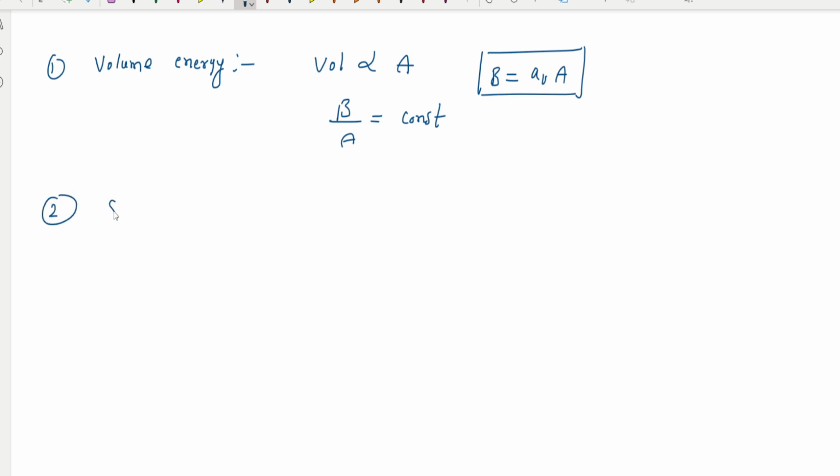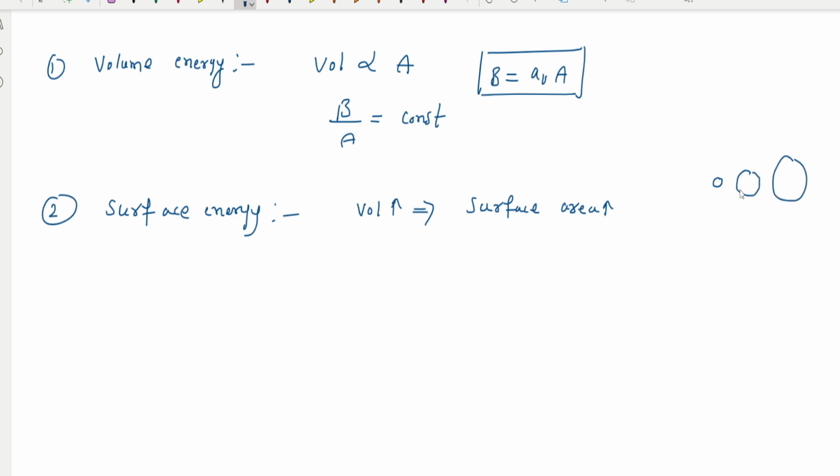Second one is surface energy. As the volume of the nucleus increases, one thing we understand here is that the surface area is increased.